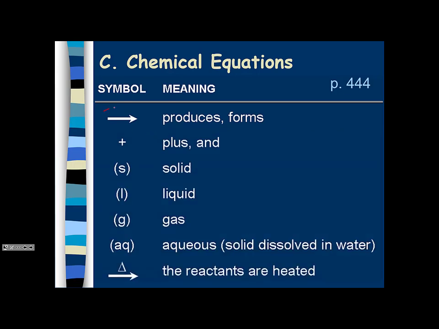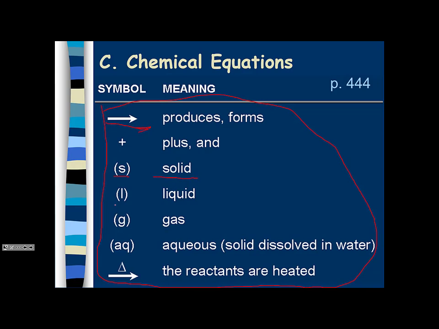Now, go and write these symbols down. We will use them in class. You need all of them, okay? So the arrow means produce or to form, okay? The plus means plus and combines with or adds to or anything like that. These are pretty basic.